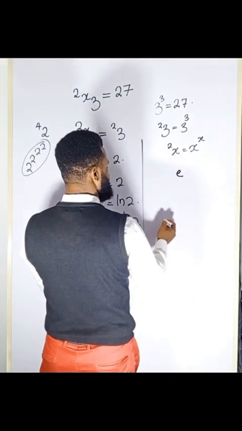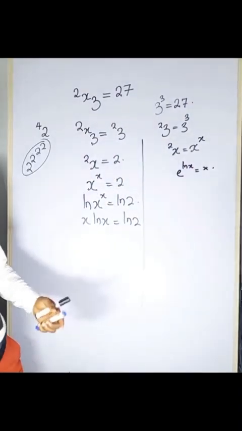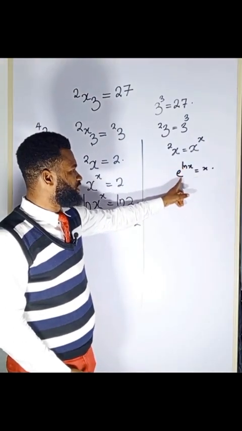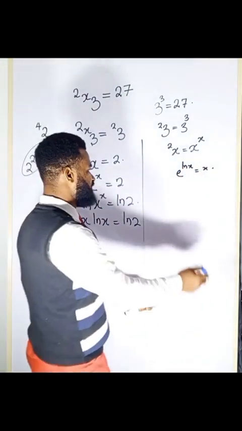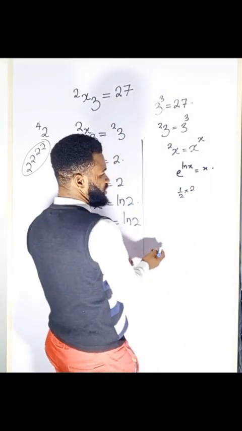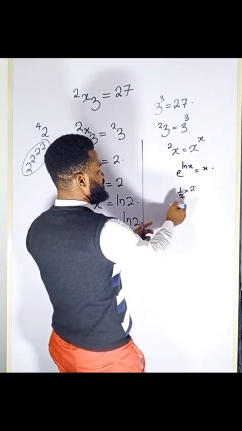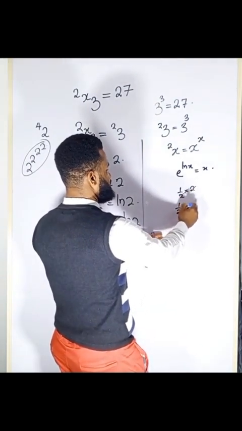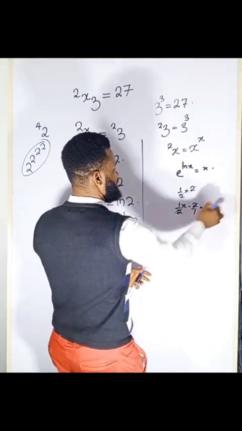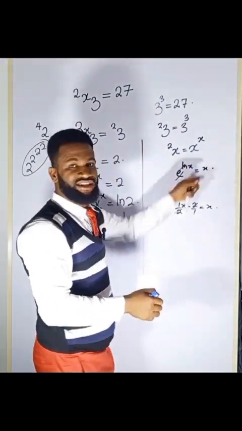We have that e to the power ln x is the same as x. So knowing that this is true, this will cancel this, it's just like you saying 1/2 times 2. They are opposite, so they cancel each other. Or if you have 1/2x times 2, they cancel each other and you have x left. So this will cancel this, and you have your x left.